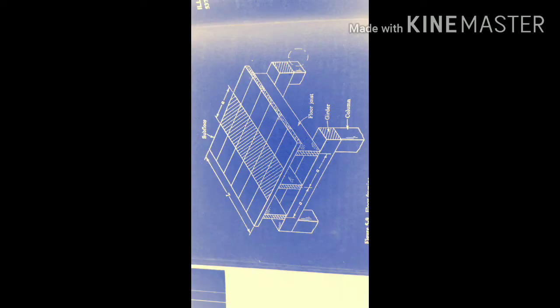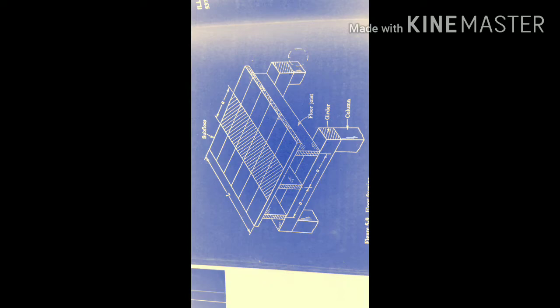So in the illustration there, you have different parts. The first one is the subfloor, the one at the very top. Imagine it as wooden planks placed side by side. That can also represent a slab.